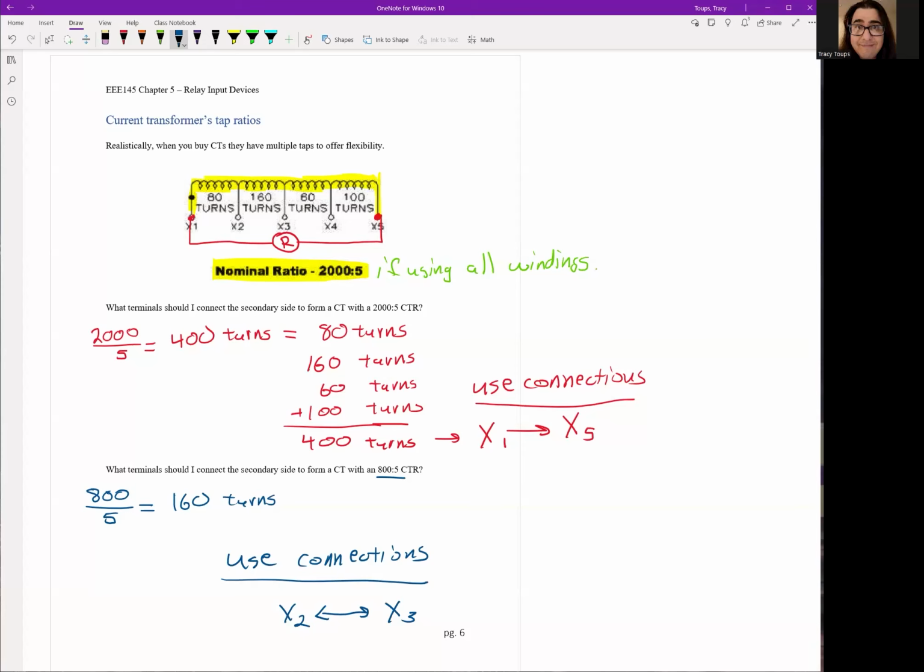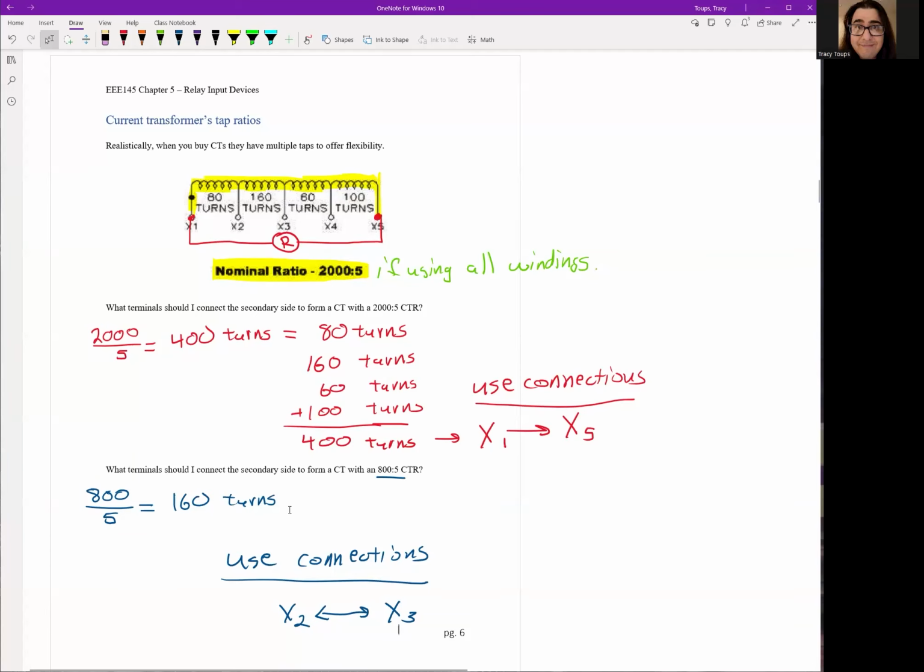So a lot of CTs nowadays have these multi-tap ratios just for ease of use. That way, when you buy a big CT, you can always tap it down to something more specific for your individual company. Okay. They're pretty popular in today's world, so you should expect to see these pretty often.